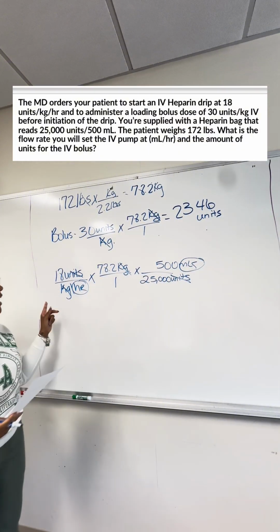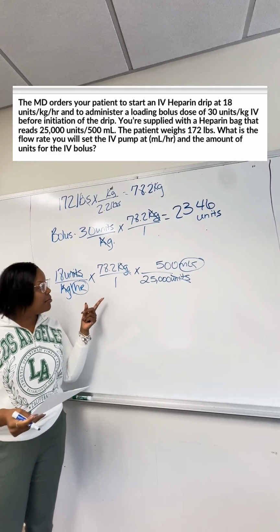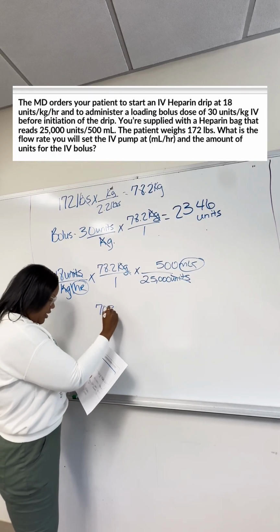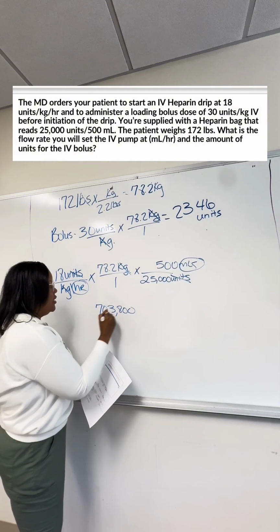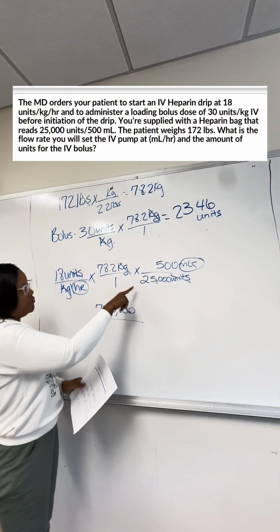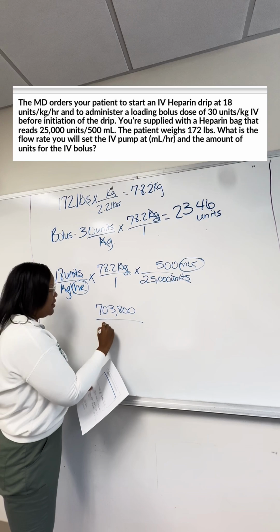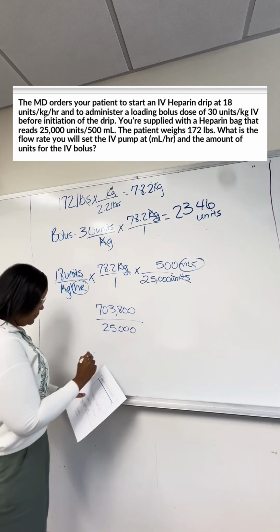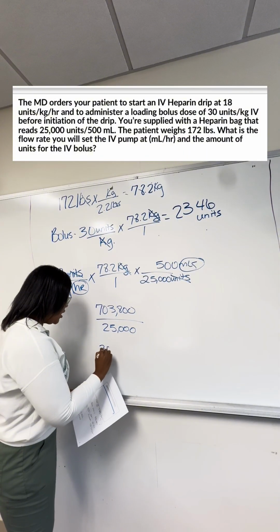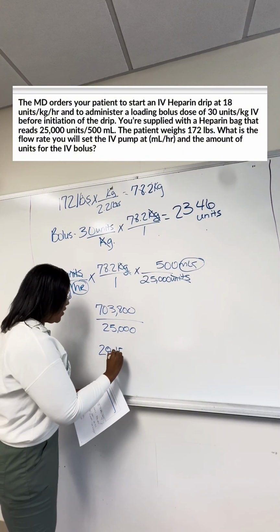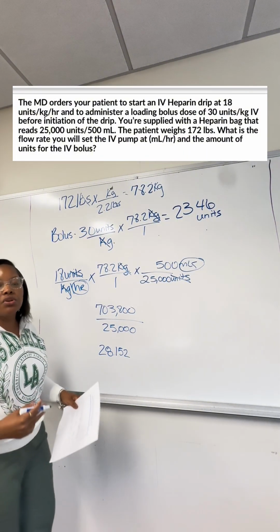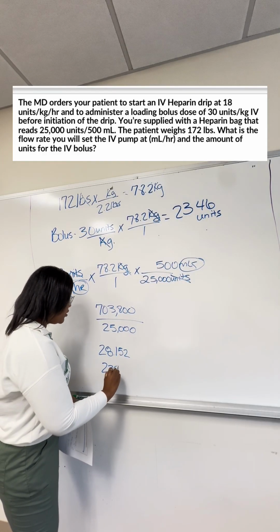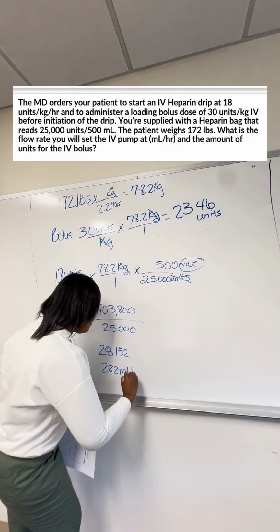So we're going to multiply 18 times 78.2 times 500, and we'll get 703,800 divided by, we just got 1 times 25,000, so just 25,000 on the bottom, and we should get 28.152. But this question wants us to round to the tenth, so we're going to get 28.2 mLs per hour.